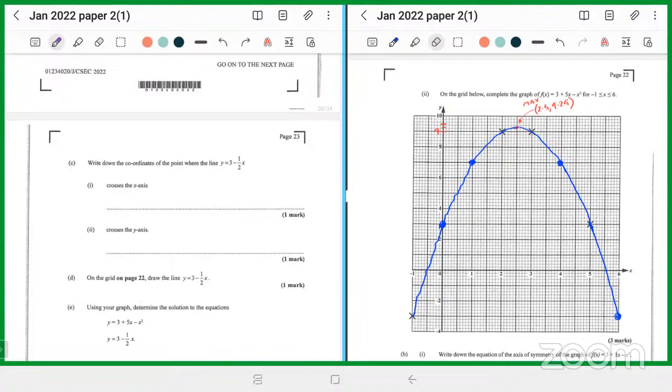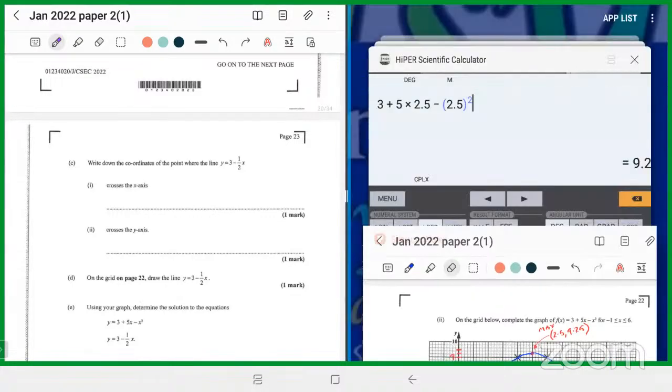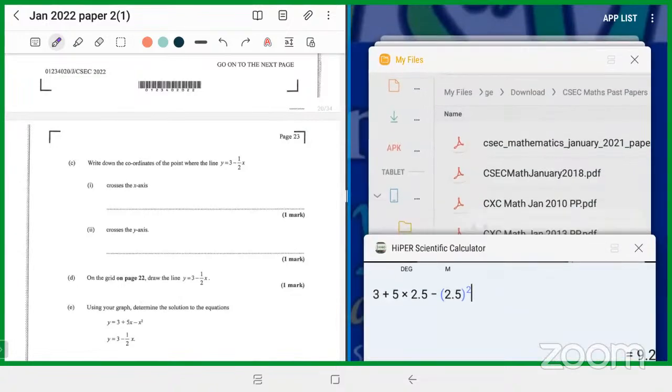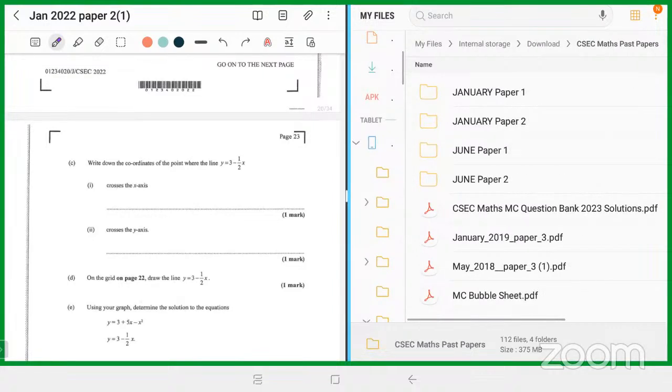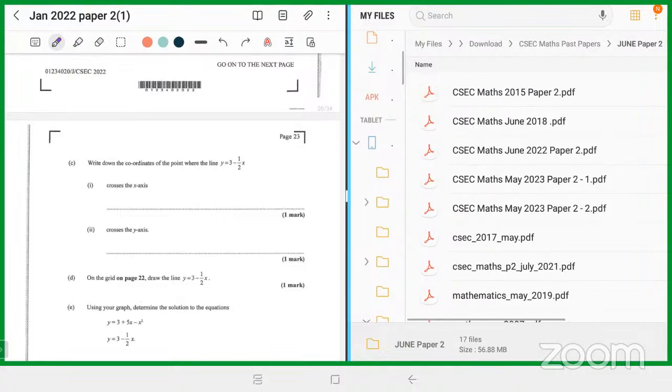All right. So let us look at May 2022 question 2. We want to do the recent papers, because we are preparing for the exam, and the questions are similar to the more recent exams. So we tend to focus on the more recent exams mostly.